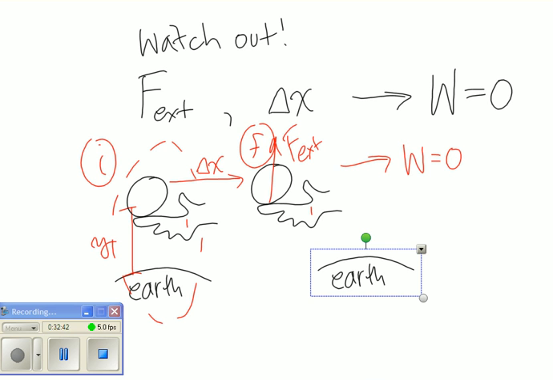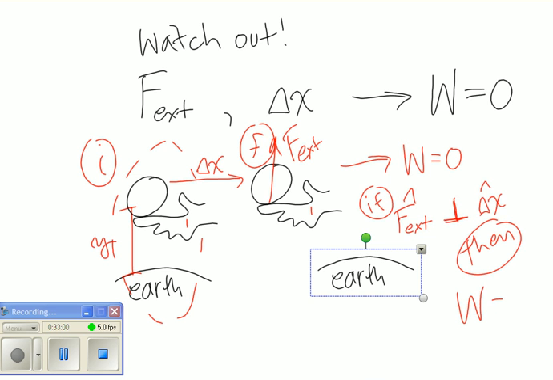So this is a pattern we see. If the direction of the external force is perpendicular to the direction of the displacement, then the work is just zero.